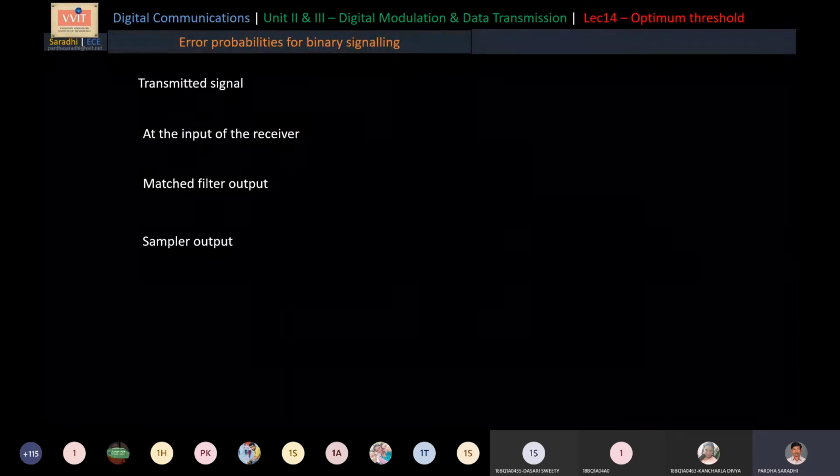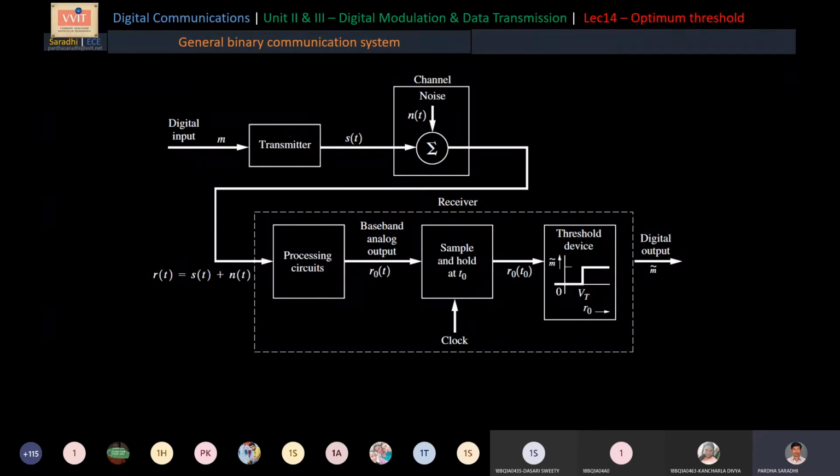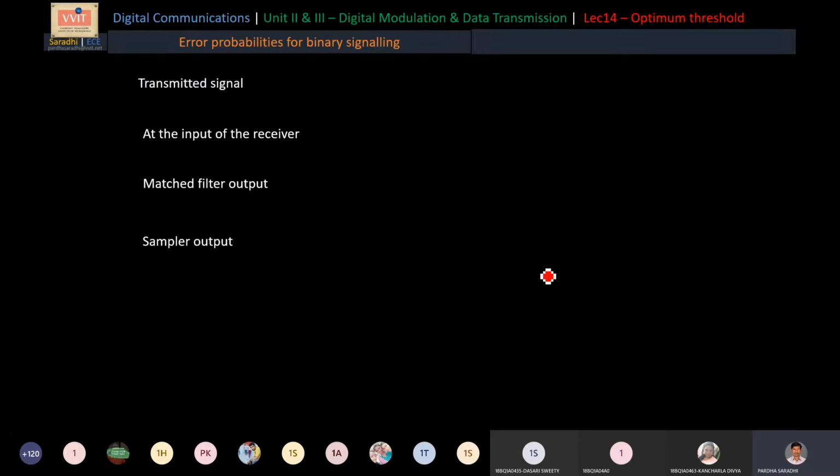Same thing, with reference to this block diagram only. We are having several notations: S of t, R of t, R naught of t, R naught of t naught, and finally M tilde. All of them mathematically can be written like this.